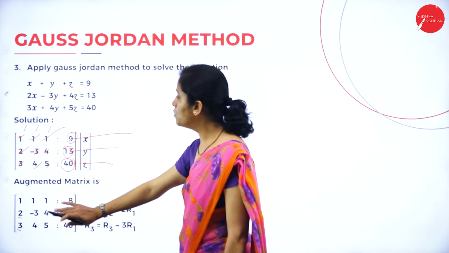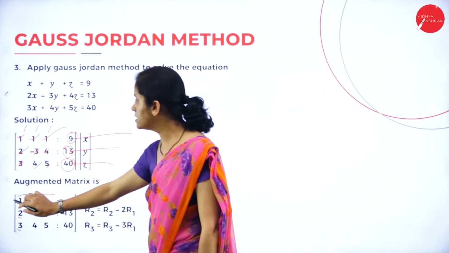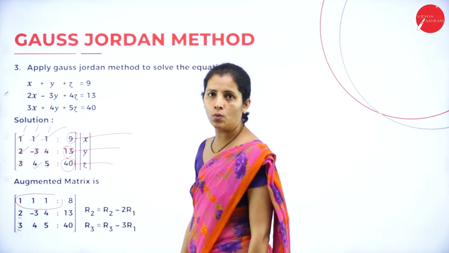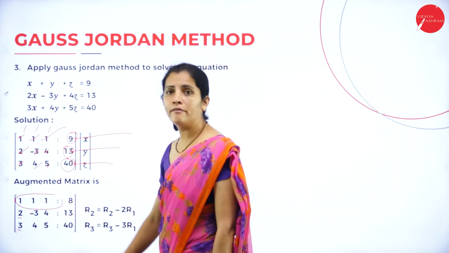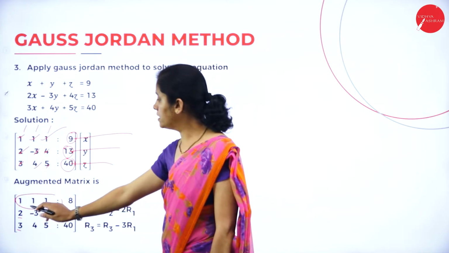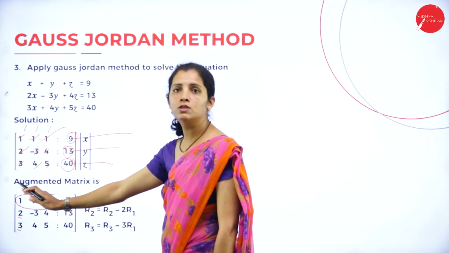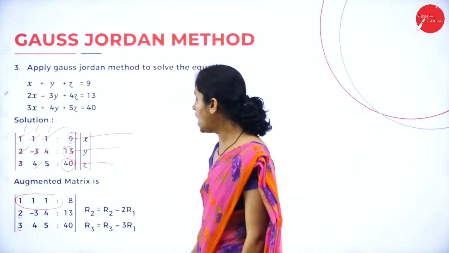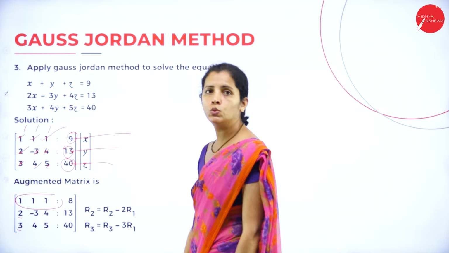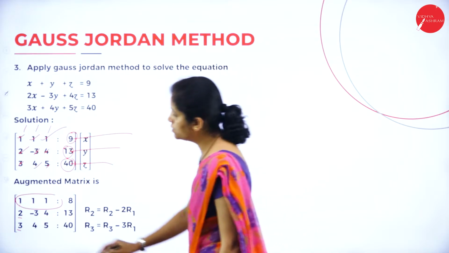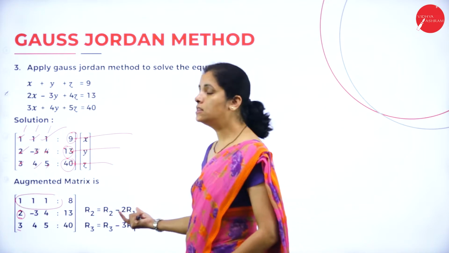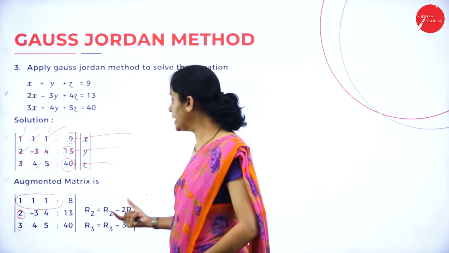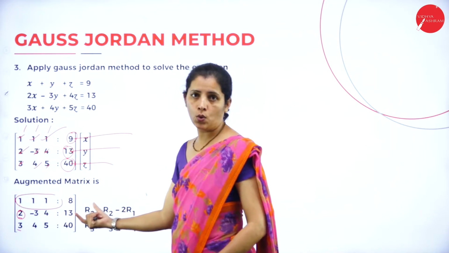For that, I'm going to consider the first row. When I multiply 2 by the first row, I'll get 2. 2 minus 2 is 0. So R2 minus 2R1. I just want to make this element 0, and I'm going to apply this formula to the entire second row.